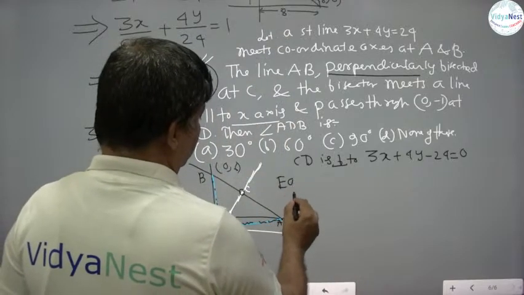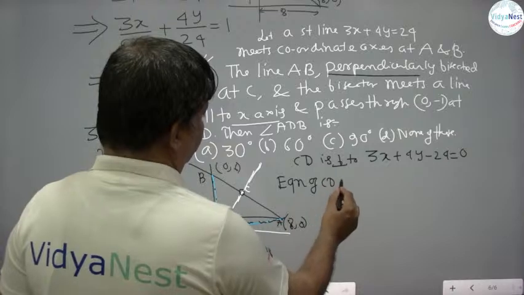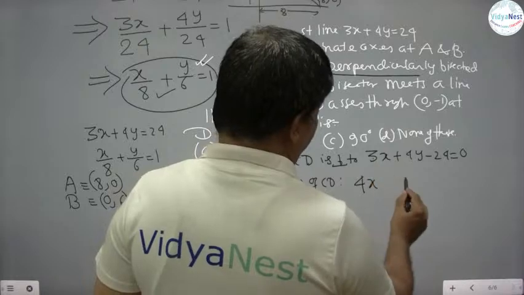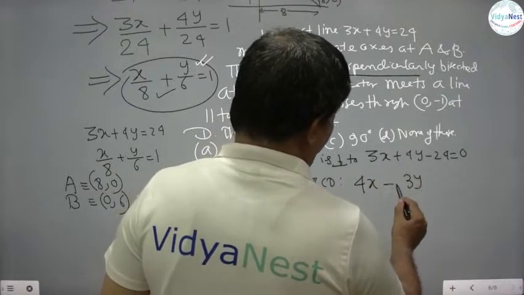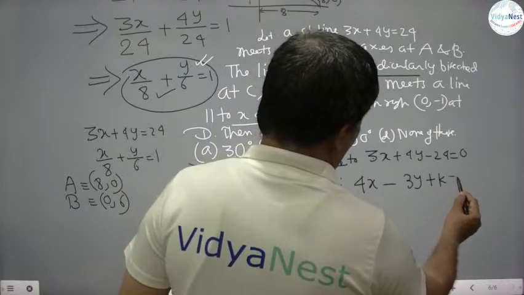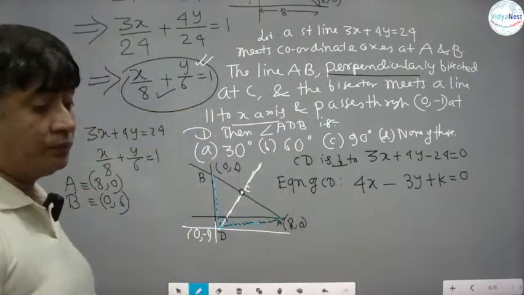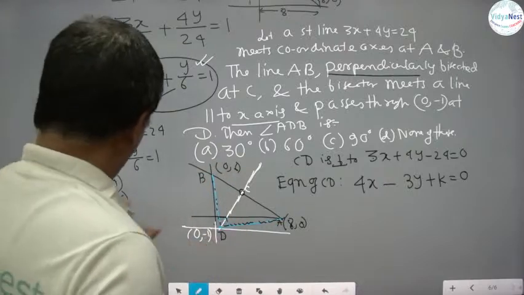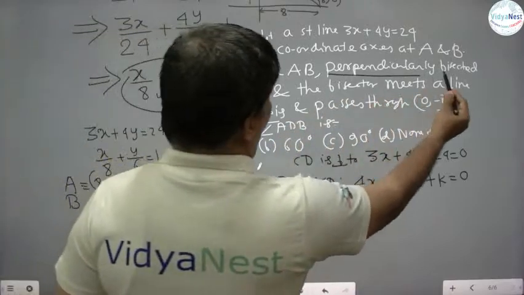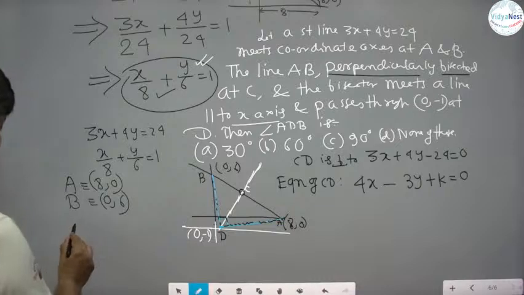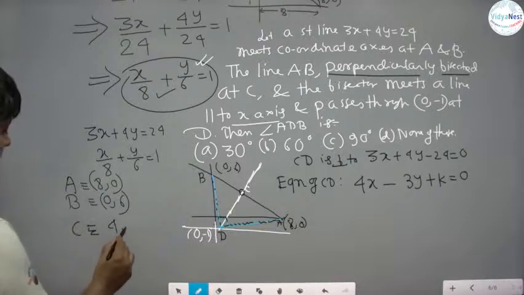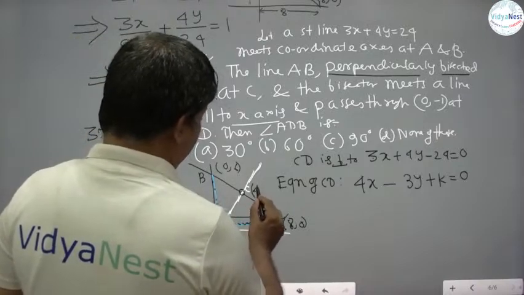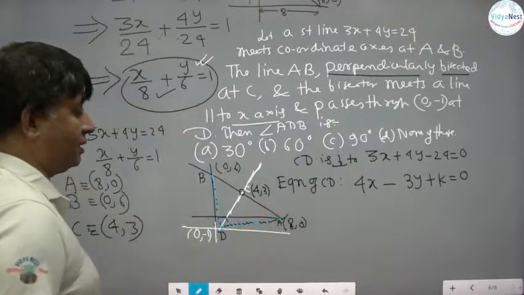So the equation of CD will be what? 4 will come with x, 3 will go with y, plus will become minus, plus k. Now, this line passes through point C. How to find C? Once you get A and B, C bisects the line. So C is (4, 3).